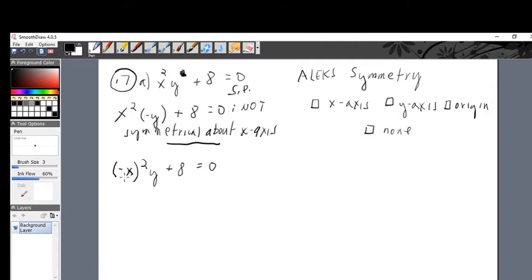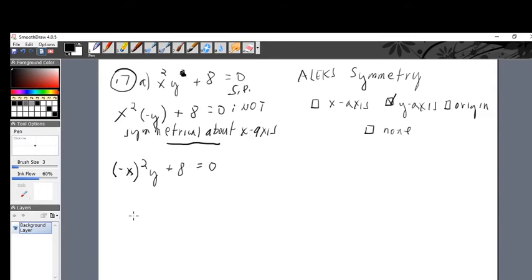What's going to happen to negative x squared? It's going to turn into x squared. So is this going to be equal to the original? The answer is yes. So therefore you check yes, it is symmetrical about the y-axis, because when you put in negative x where x is, it turns out to be exactly the same as the original.